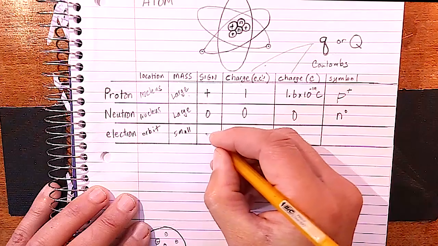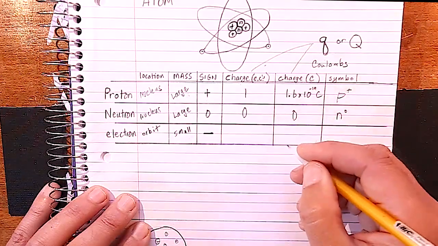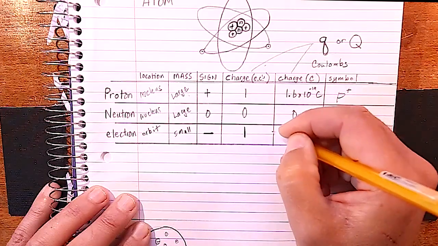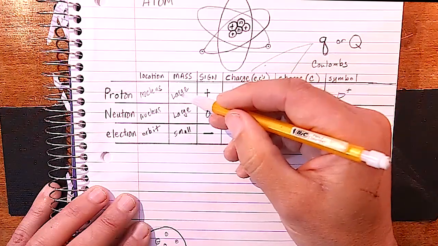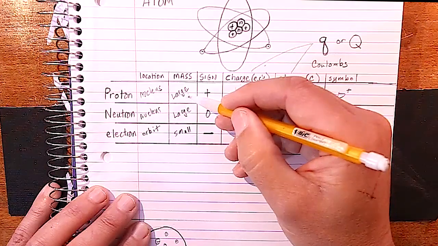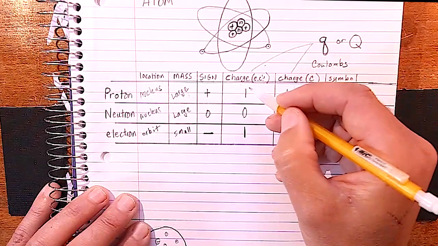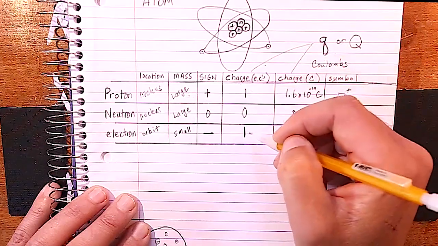The electron sign is negative, and these need to be memorized. And the charge is also 1 EC. So even though a proton is much larger in mass, which means the gravitational field affects it more, the charge is exactly the same.